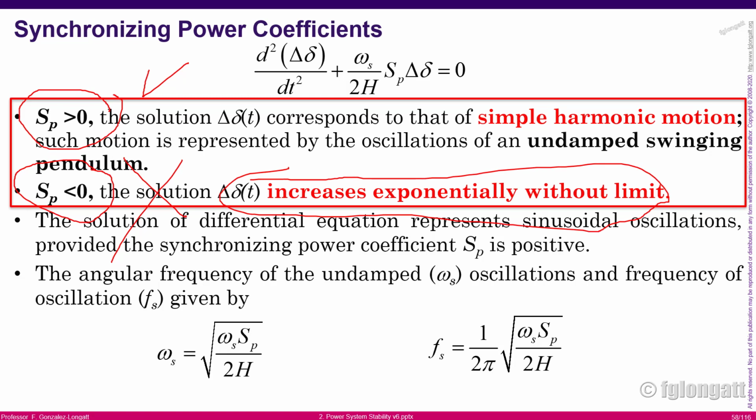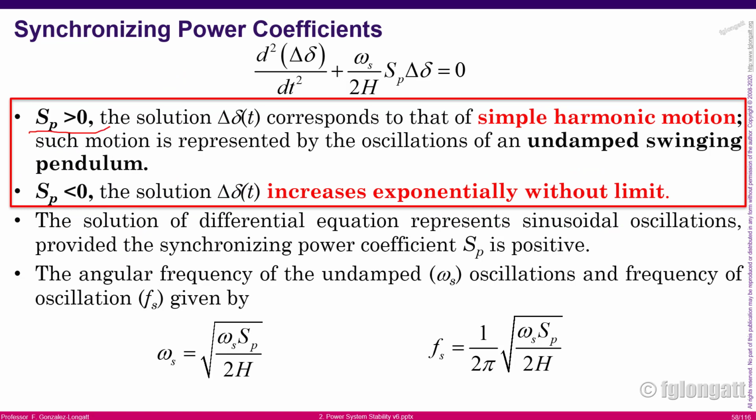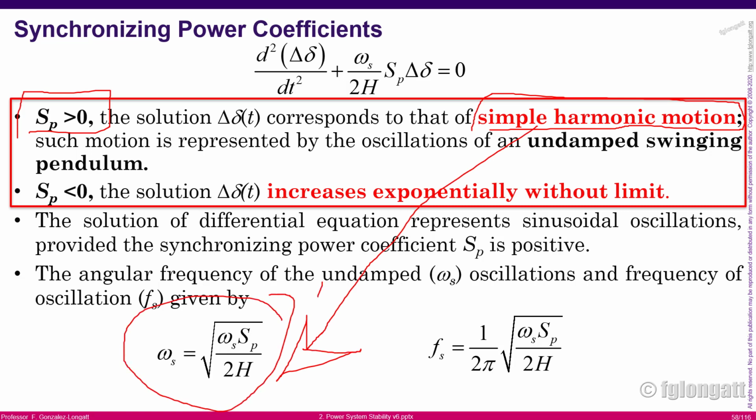But what happens if we have a very positive synchronizing coefficient? The oscillation will be a simple harmonic motion, and that motion will be defined basically by a frequency that can be obtained by this equation over here, okay?